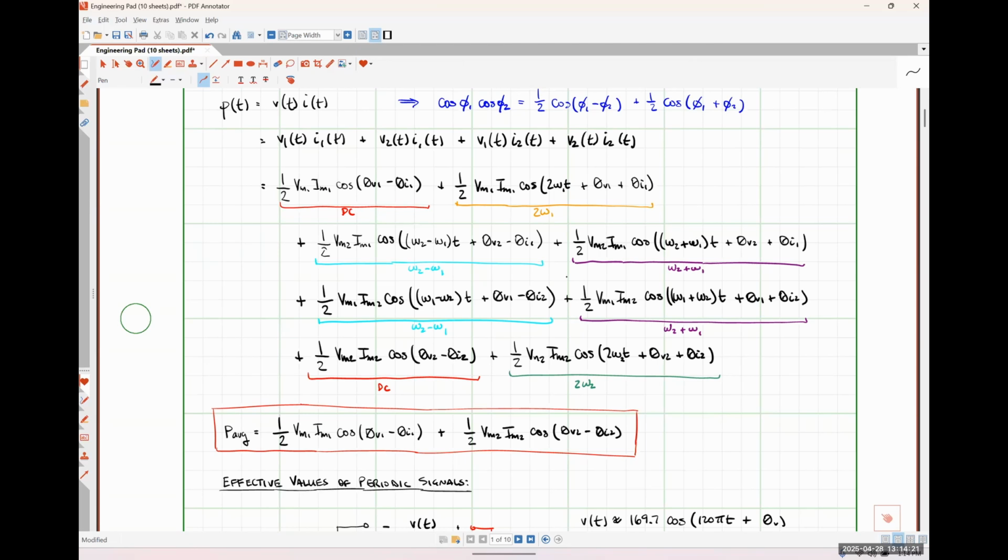So we would have wound up taking the integral of this giant thing over 2 periods again. And what we would find out is that only our DC terms wind up surviving, exactly like we saw for our single phase system, okay? So essentially, all of those cross frequency terms where I've got omega-2 minus omega-1 or omega-2 plus omega-1 or twice omega-1 or twice omega-2, they all have an average value of 0 if we integrate over exactly 2 periods. And the only thing that survives is what we're left with here.